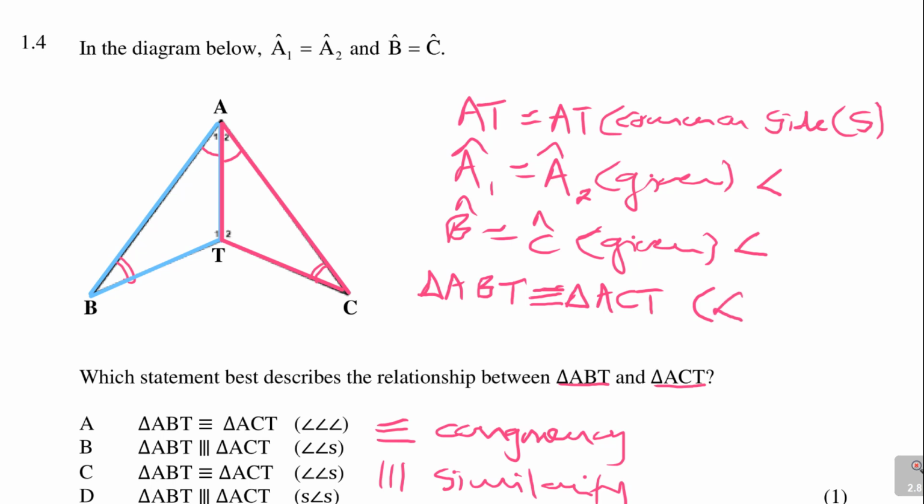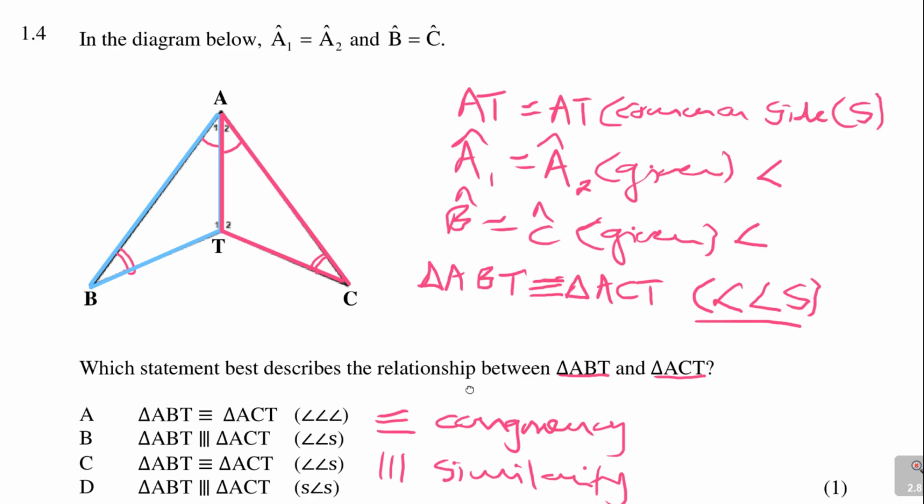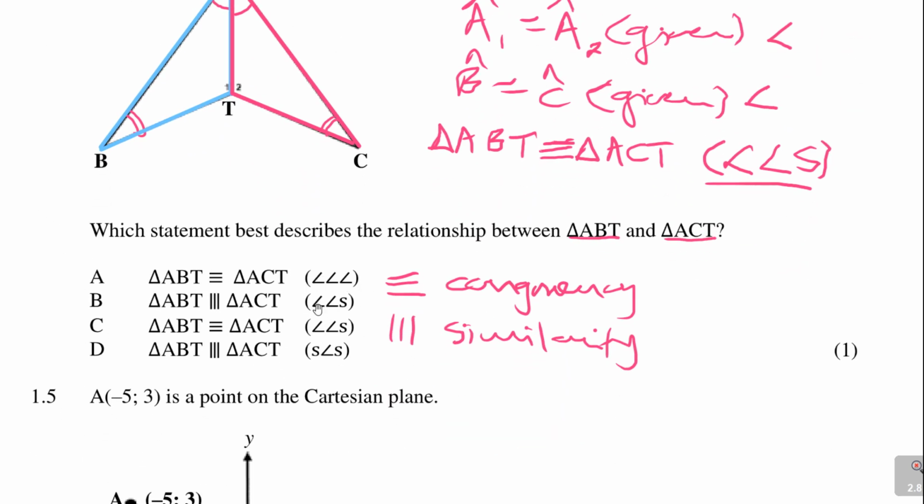So we have angle, angle, side, or side, angle, angle. So you must look for that. There is one angle, angle, side, which is B. Let's look at B. But B uses similarity. This is not similar. And then angle, angle, side, there is the answer C.